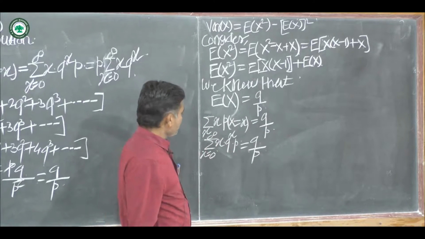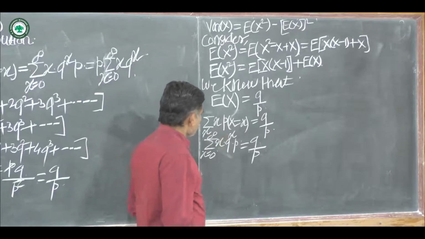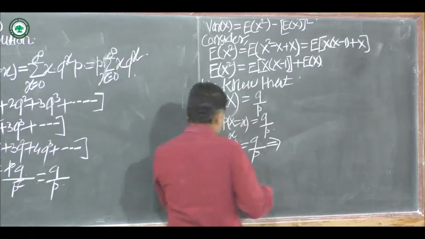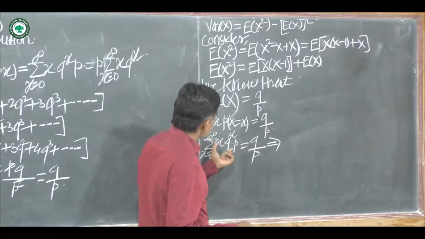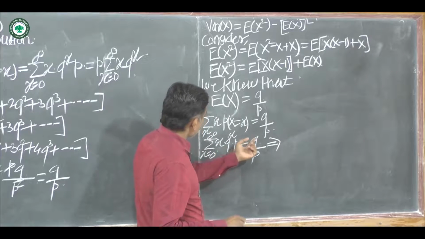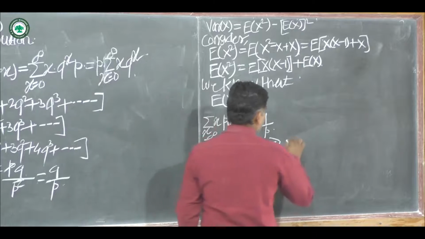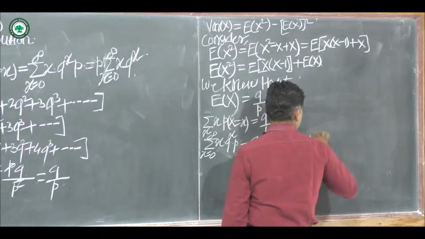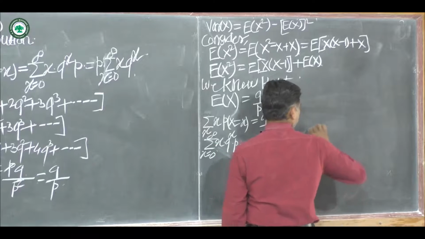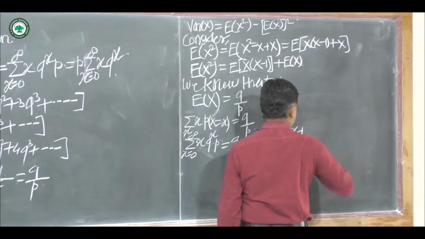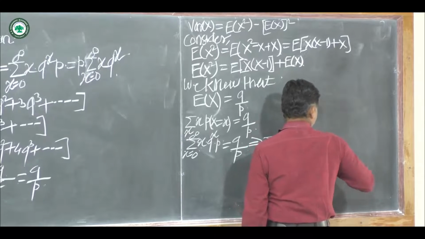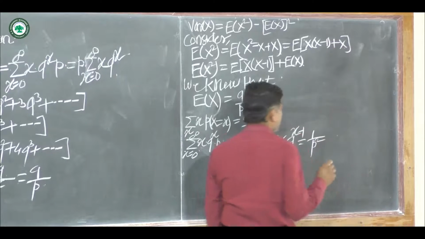Okay. Then by making some adjustment, this equation is equal to what? We have summation of x into q raised to x minus 1, which is equal to 1 upon p square.